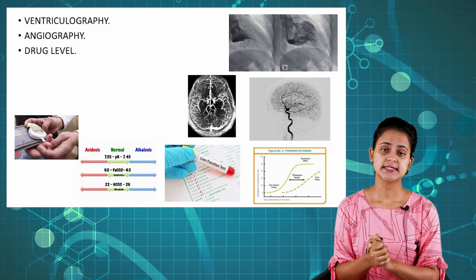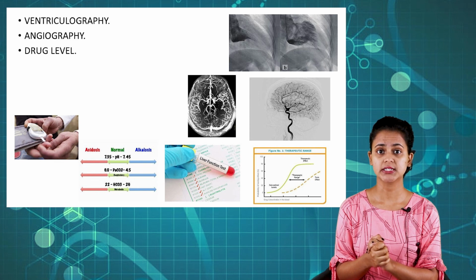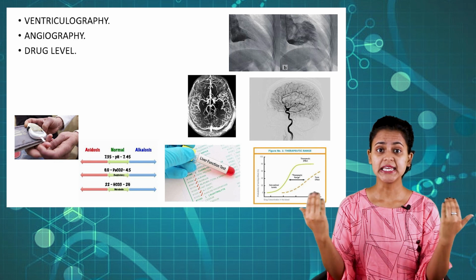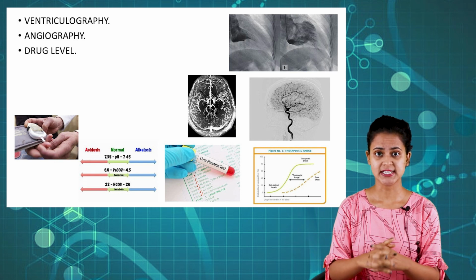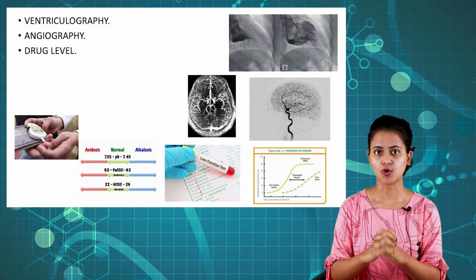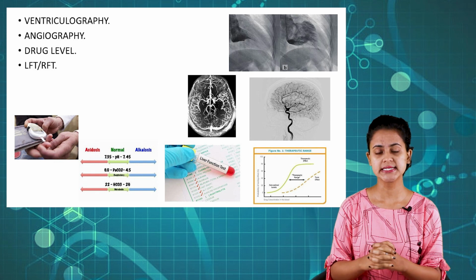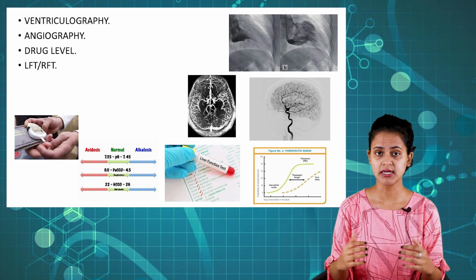Next, we are going to see certain assessments associated with blood tests, which will be done in order to find out the drug level if the unconsciousness has been caused by drug overdosage or drug toxicity. We're also going to see that the liver function test will be done.